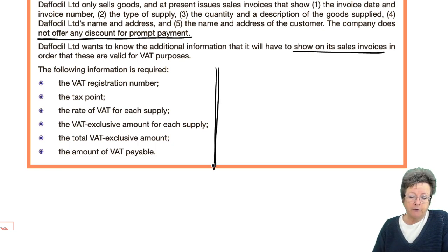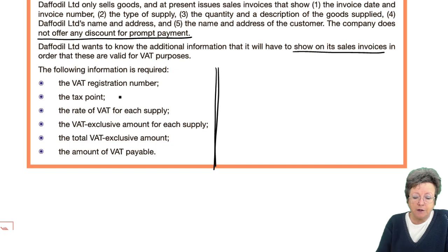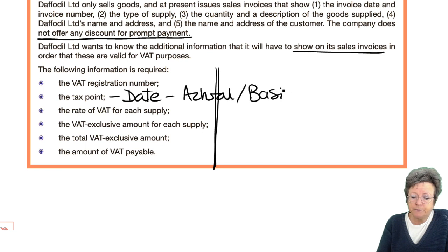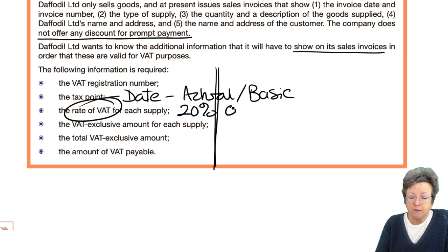that are necessary. The VAT registration number, the tax point, which is the date. Remember, it's either an actual one or it's the basic one. The rate of all the VATs, because some could be 20%, some could be 0%. The amount exclusive, that's before VAT.